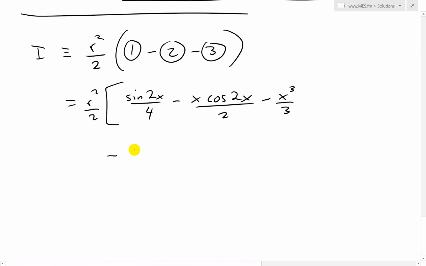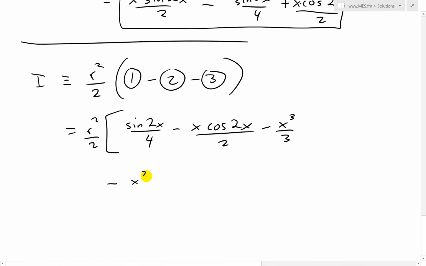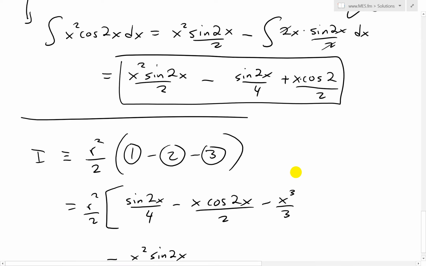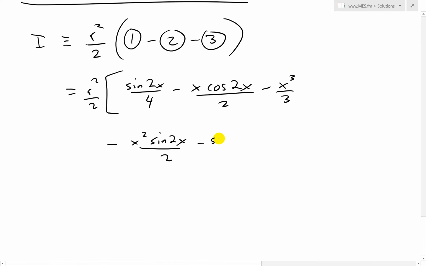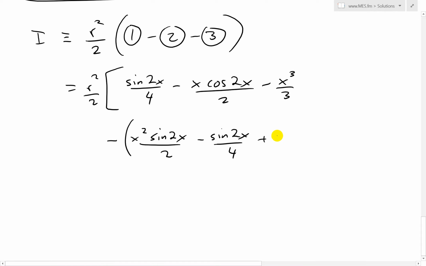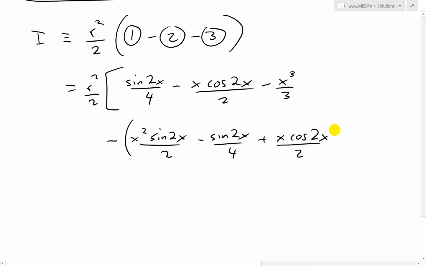So now we subtract x squared sine 2x over 2, like that, and then that's sine 2x over 4. I forgot to put this bracket around, and then plus x cosine 2x over 2, like that.